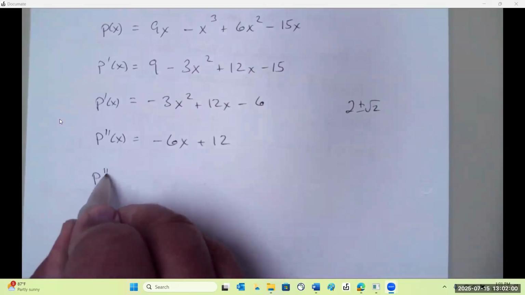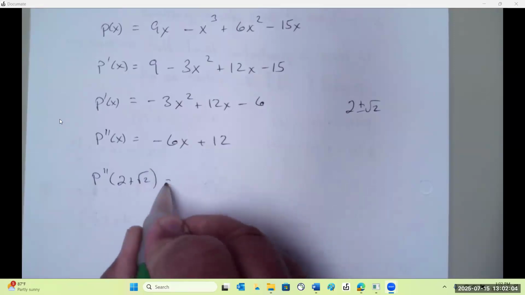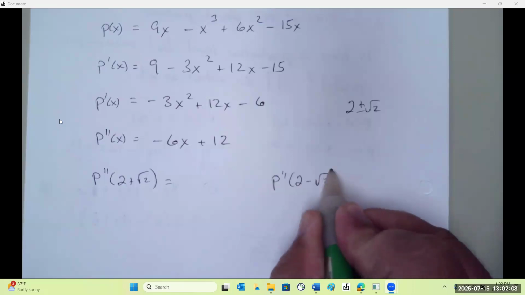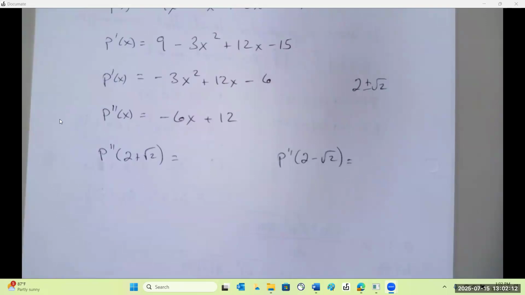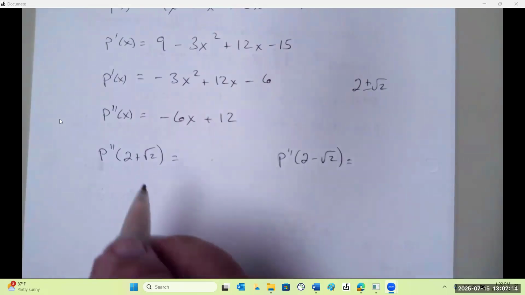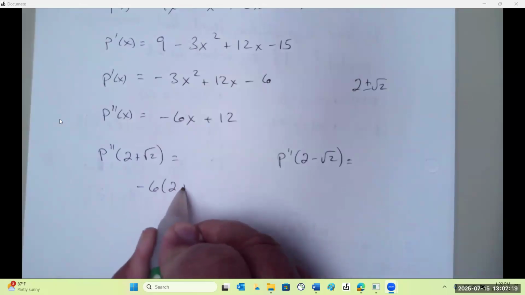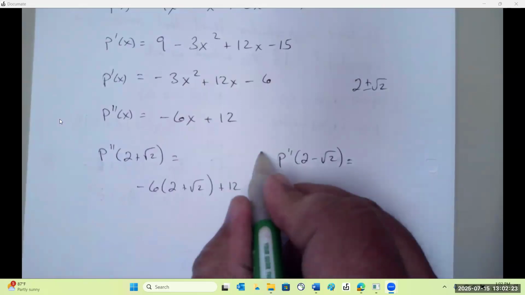So we do the second derivative at 2 plus radical 2 and the second derivative at 2 minus radical 2. We get negative 6 times 2 plus radical 2, plus 12.